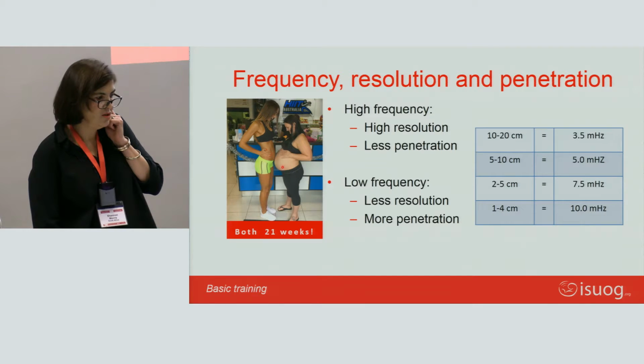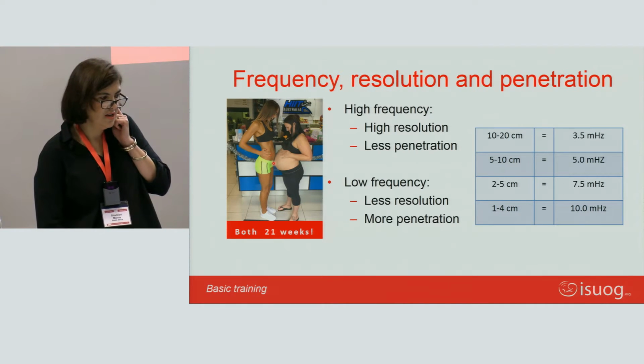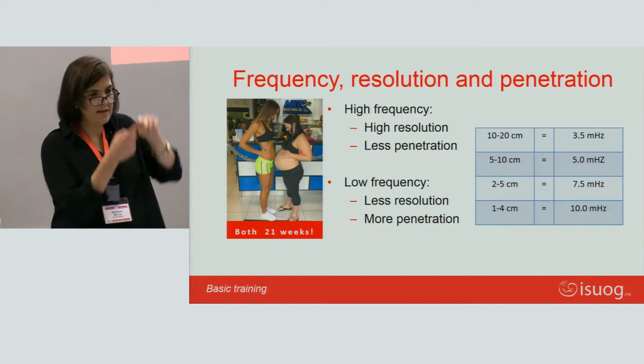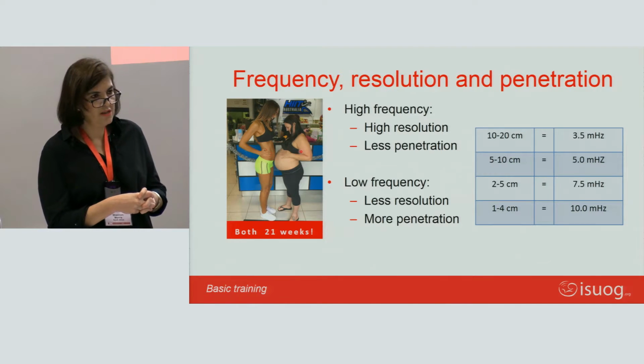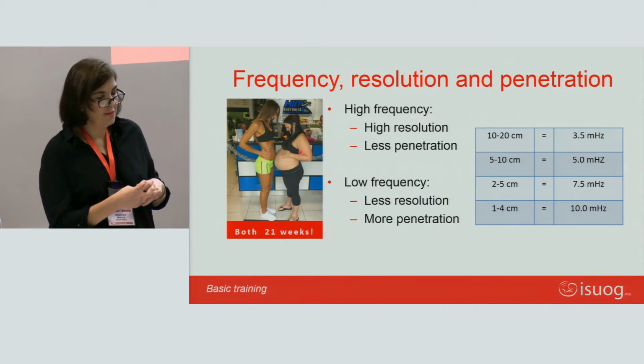patient. Because if you use a very high frequency transducer for this patient, the sound doesn't travel very far, and you probably need to go much further down to see the baby. The price you pay for being able to see deeper is that the resolution on the machine is less.